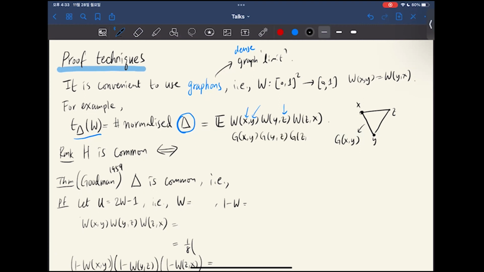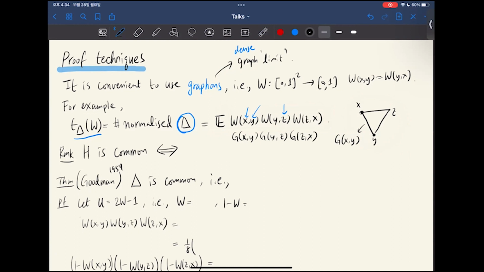And as a natural generalization of these 0,1 indicators in a weighted setting, I have this expression over here. So it's nothing but an integration of something that represents a triangle.